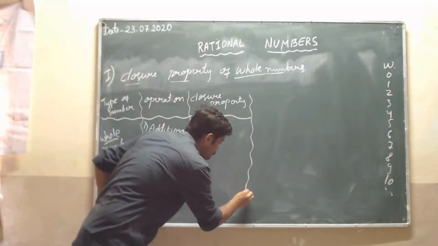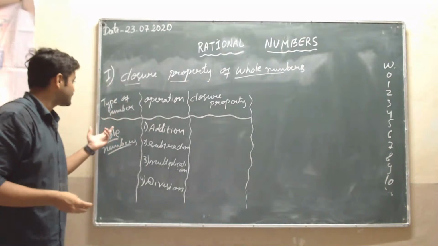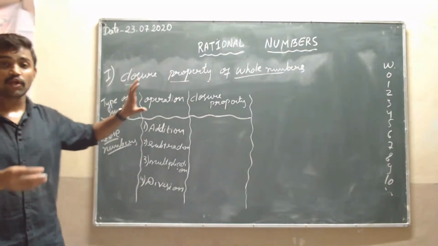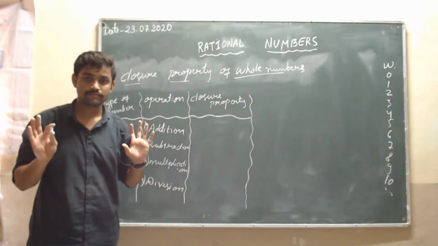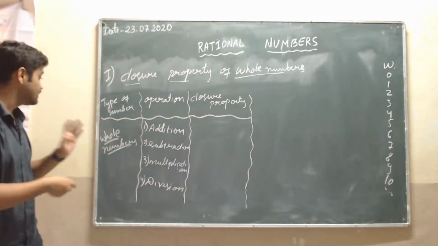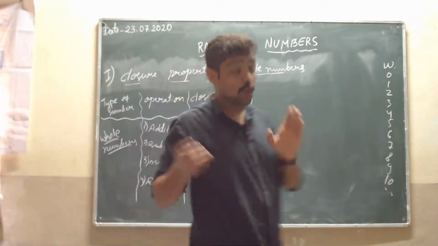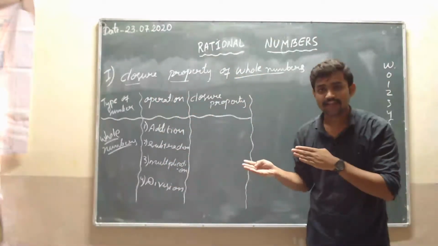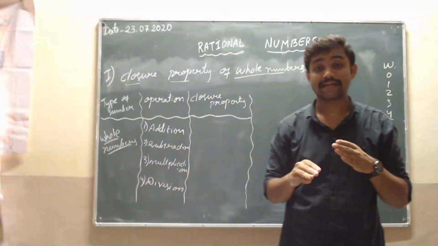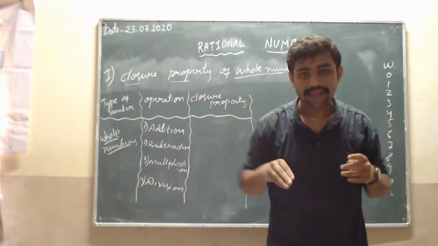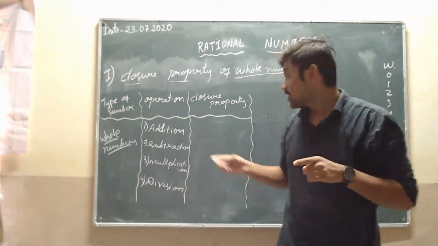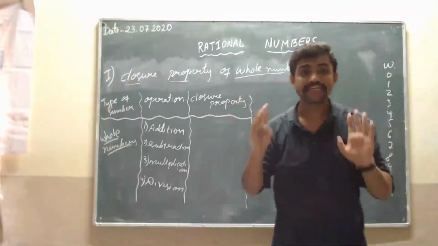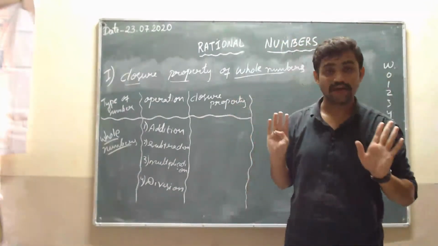Now we have to check whether the whole numbers will close under the closure property or not. See, once again I am telling that: we have to check whether whole numbers will close under, otherwise obey, the closure property or not.